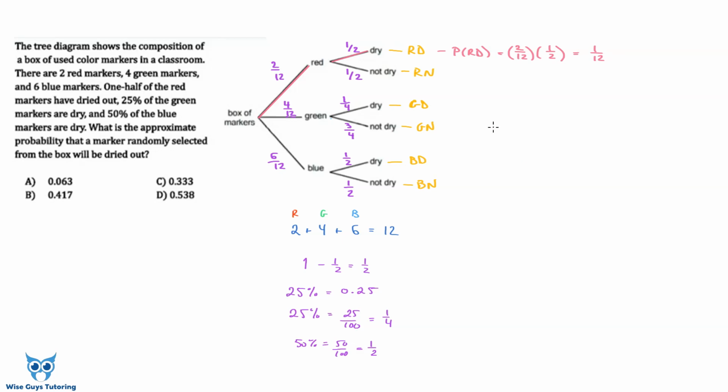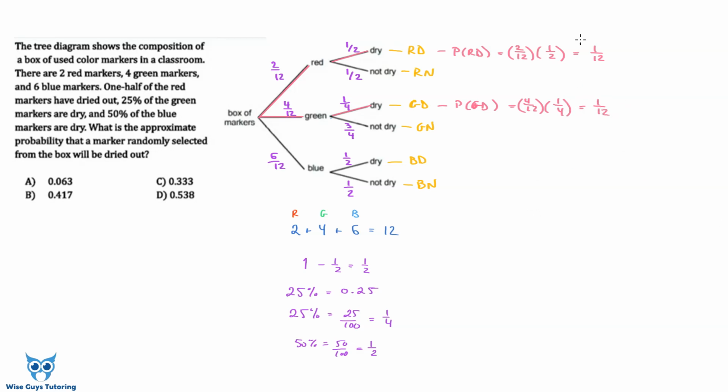Okay? So we're going to do the same thing for green and dry. If we want green and dry, you multiply the probabilities of the branches along that path. In this case, probability of green and dry will be 4 over 12 times 1 over 4. And again, this is 1 over 12.